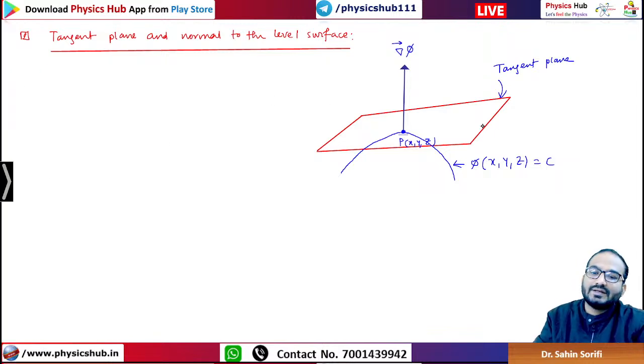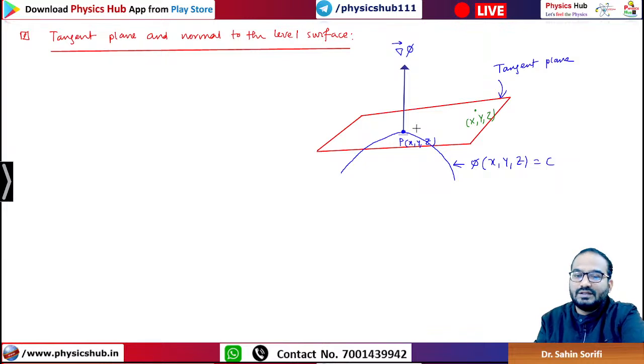What will happen if I take any point? You can take the point here, here, any arbitrary point. So arbitrary coordinate will be there, X, Y, Z. So these are capital, okay, to differentiate it. And if you join these 2 points, so you get a vector, right? Let's say this point is denoted as R. So obviously this PR and this grad phi, they are making an angle 90 degree.